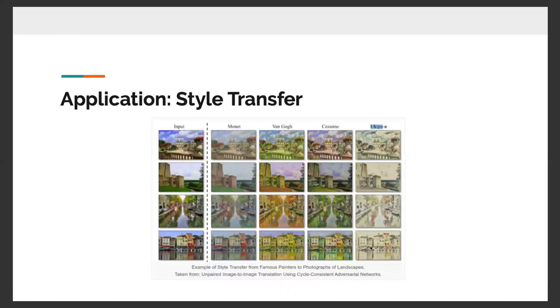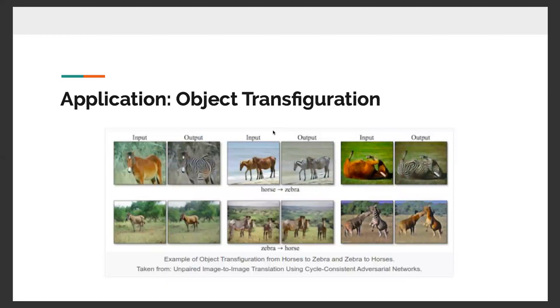There are many applications for the CycleGAN, like style transfer. We want to transfer the input image's style to another kind of style, say Van Gogh or something else. We can also do object transfiguration.